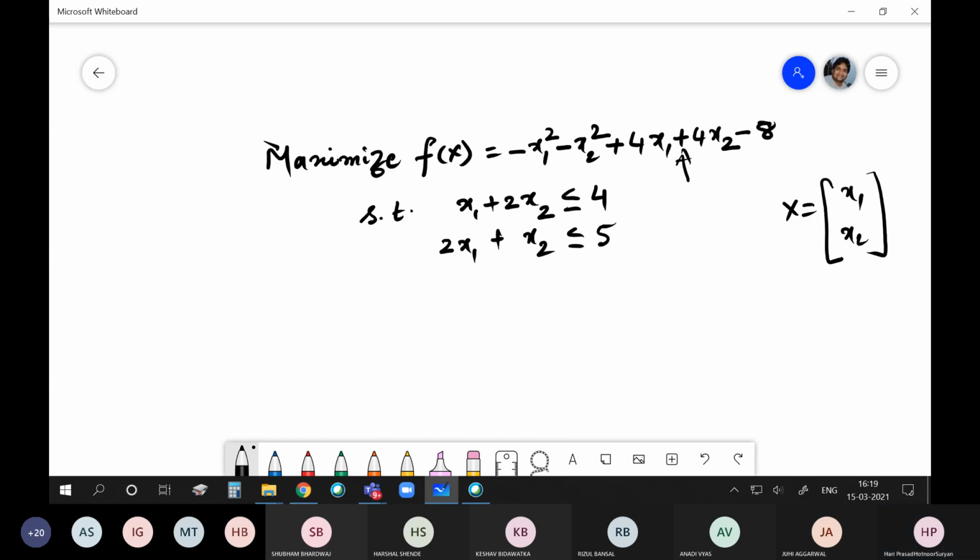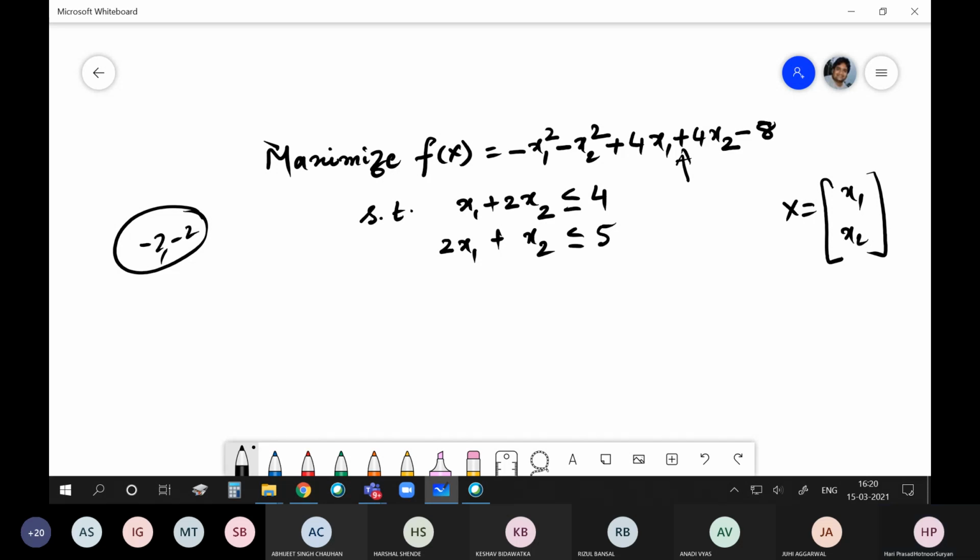Yes, sir. Tell me what are the Hessian matrix and what is the eigenvalues you get? Sir, eigenvalues -2, -2. Okay, eigenvalues are -2, -2. So what can you say about now the objective function? Sir, global maxima.